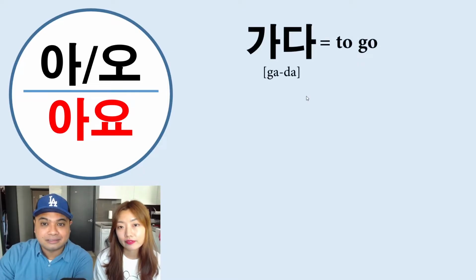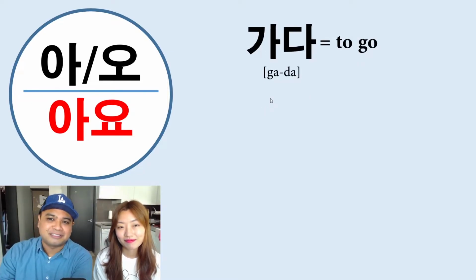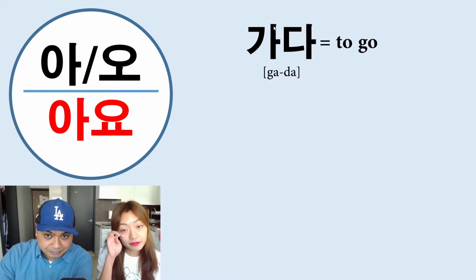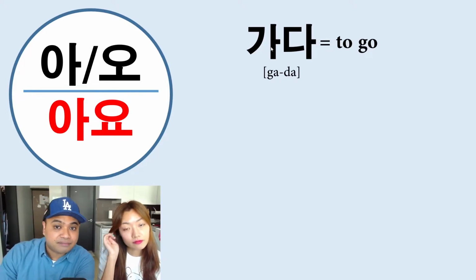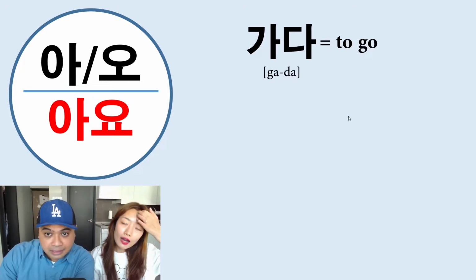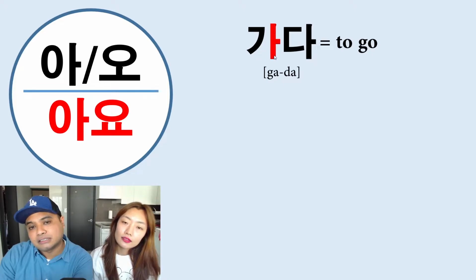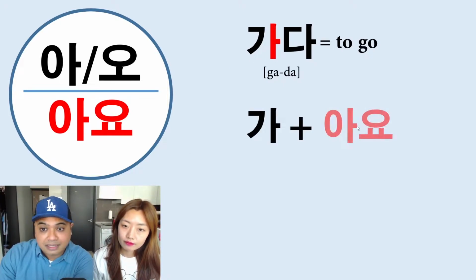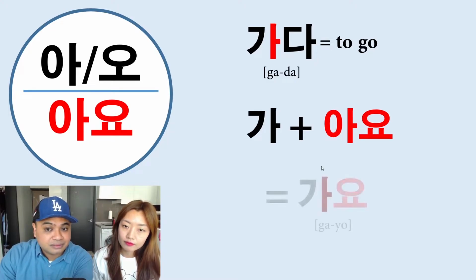So in our next example, we have gada. Actually, this one's super easy, but the next one's going to be kind of confusing. We have gada, and the last vowel is ah, so we need to add ayo. So ga plus ayo equals gayo.